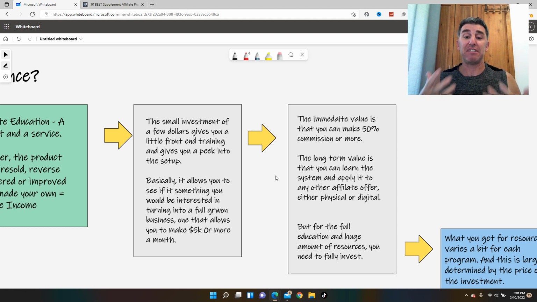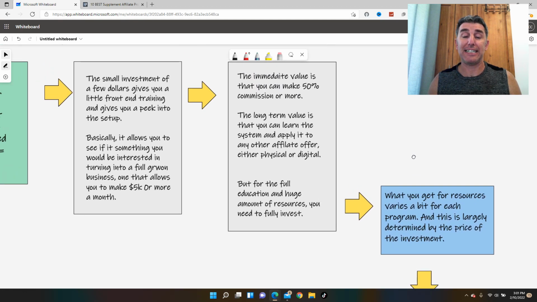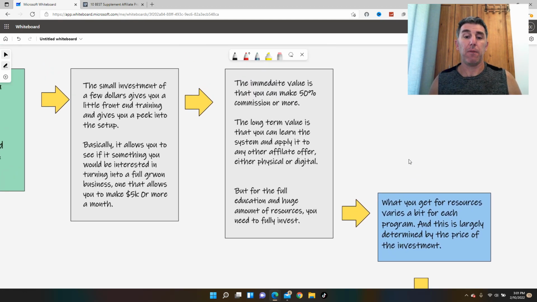The difference is the resources that come with it. I'm getting ahead of myself. The resources is what makes each program different. But the full education and the huge resources is why people invest, because it helps them get there much quicker.